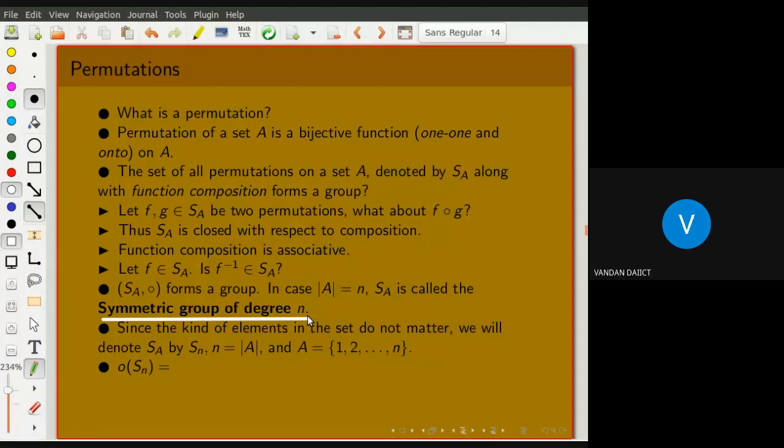So the symmetric group of degree n is only a set of permutations of a set which contains n objects. So there are no other examples of symmetric group, right? Yes.